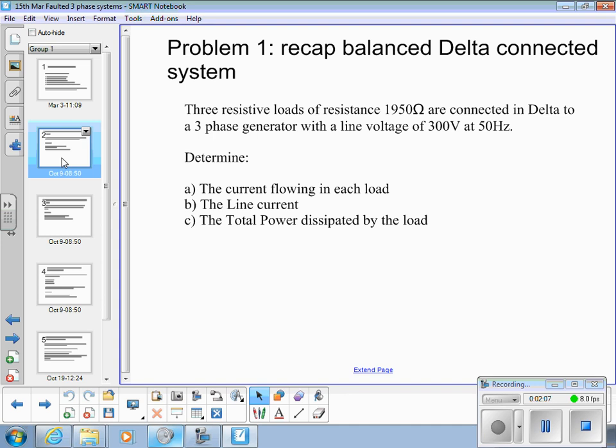I'm going to change the line voltage to 200 volts. I noticed after I wrote 300 last year that it says maximum 250 volts on it, so we'll keep to the rules and regulations. So a 200 volt line, 1950 ohms, connected in delta. If we need it, the frequency is 50 hertz, since it's coming off the mains.